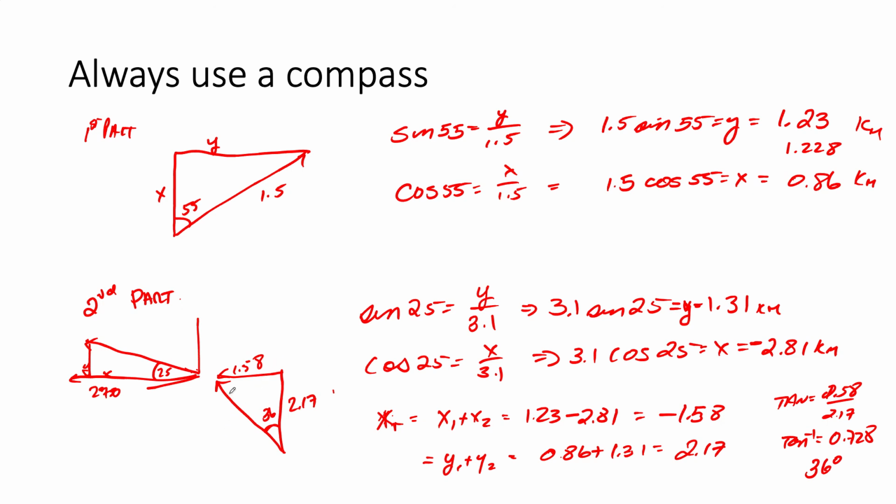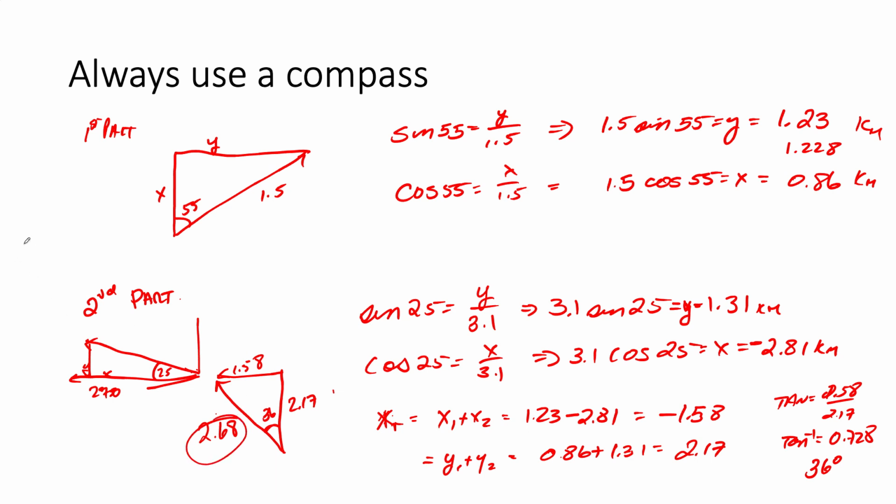So let's go ahead and figure out the hypotenuse, which is 1.58 squared plus 2.17 squared. That's going to be 7.2. You take the square root of that value, you're going to get 2.68 is my value.